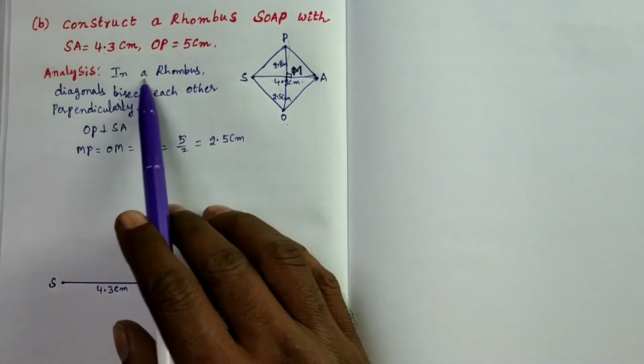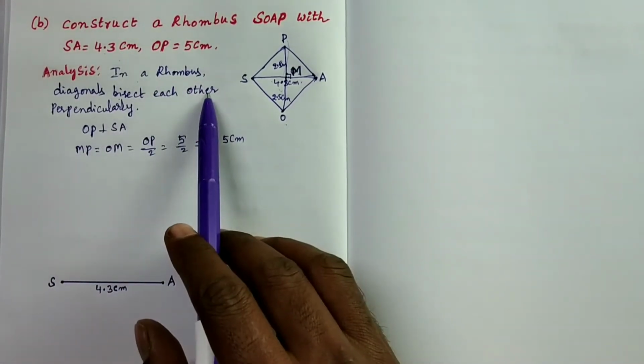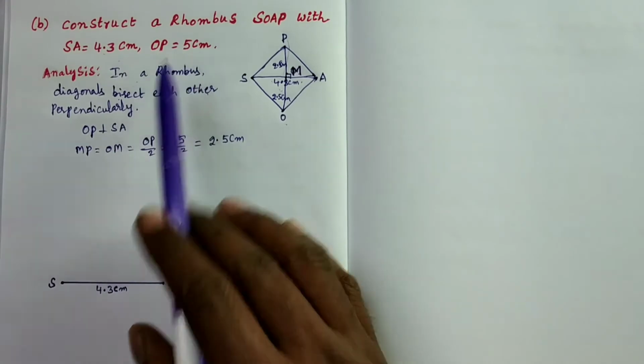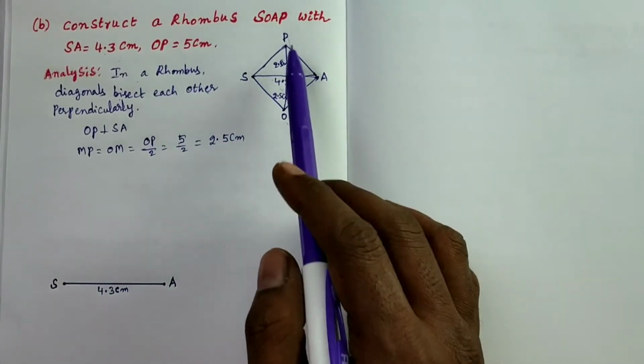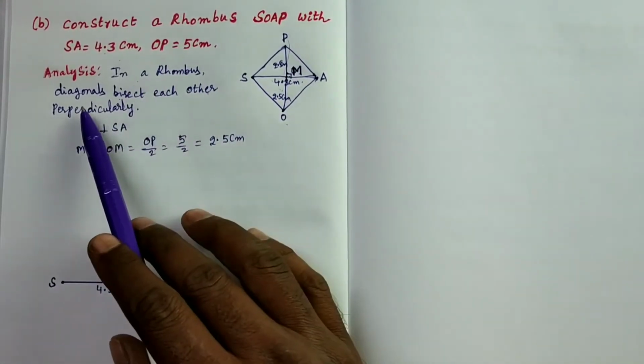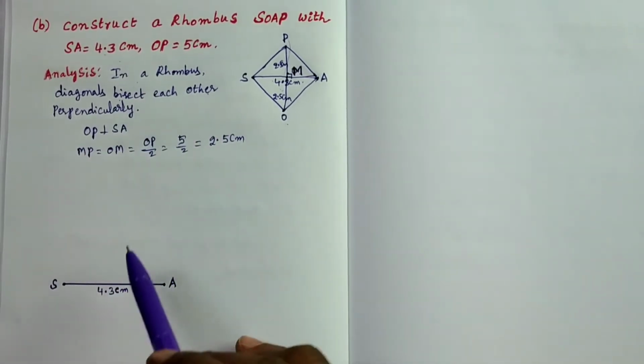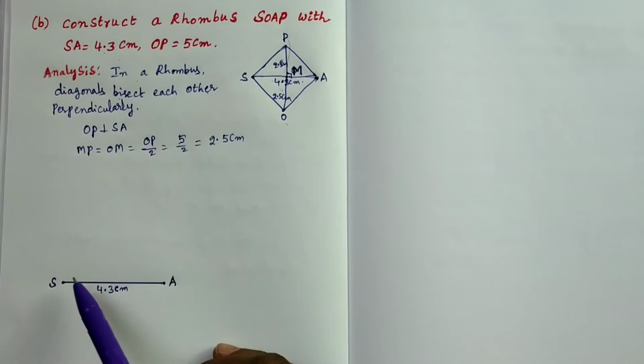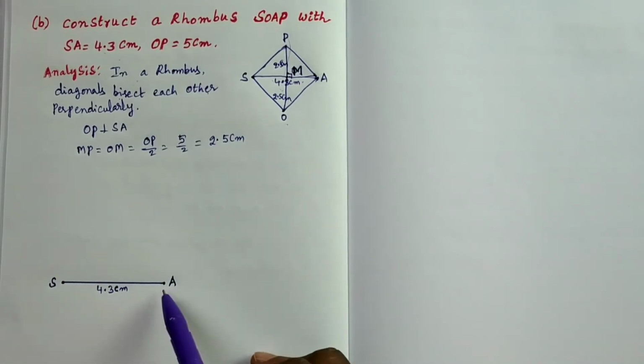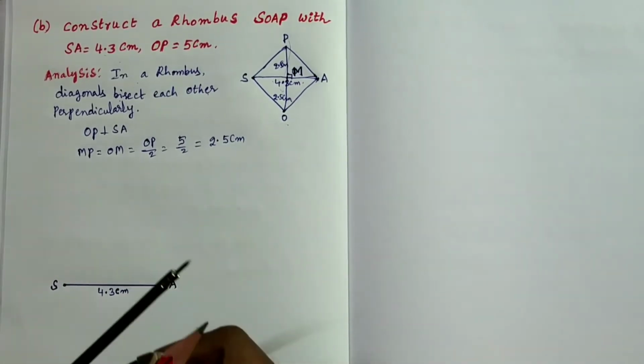Next, in a rhombus, diagonals bisect each other. So given one diagonal, to construct the next diagonal, we use the fact that diagonals bisect each other perpendicularly. So draw a perpendicular bisector of this line segment SA.